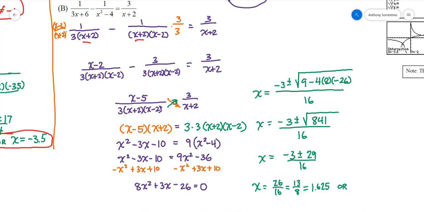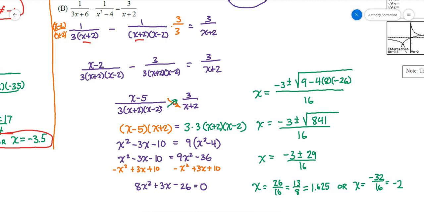The other answer is going to be, well, negative 3 minus 29 is a negative 32 divided by 16, which is negative 2. But wait.